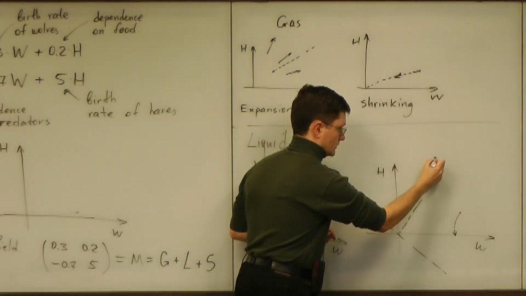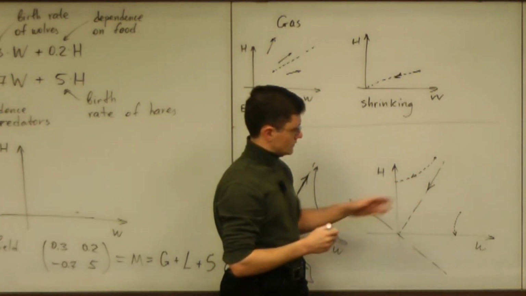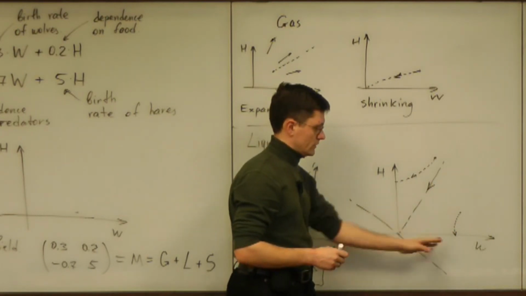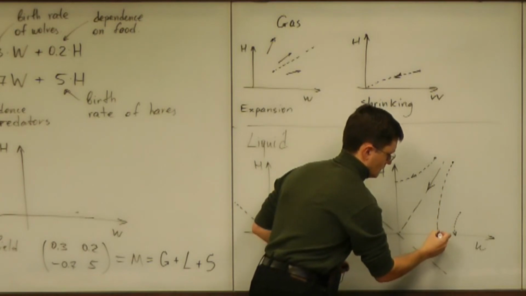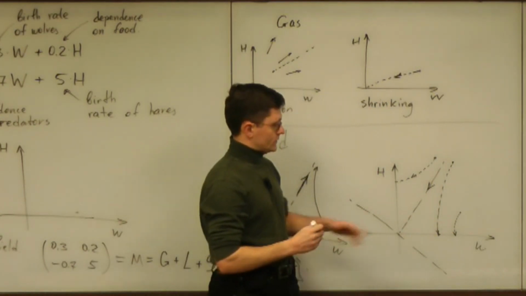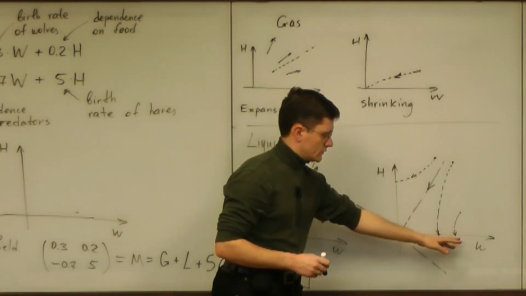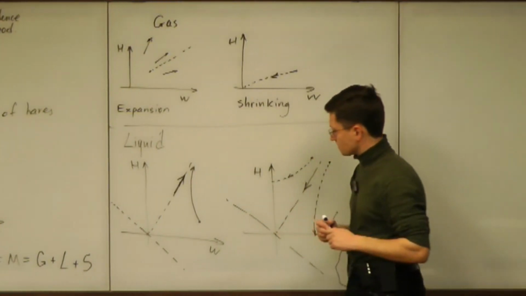But the results now are going to be different. Right? If we start below this line, we will end up with the population of hares dying out eventually. If we start above that line, the population of wolves will die out and hares will survive.